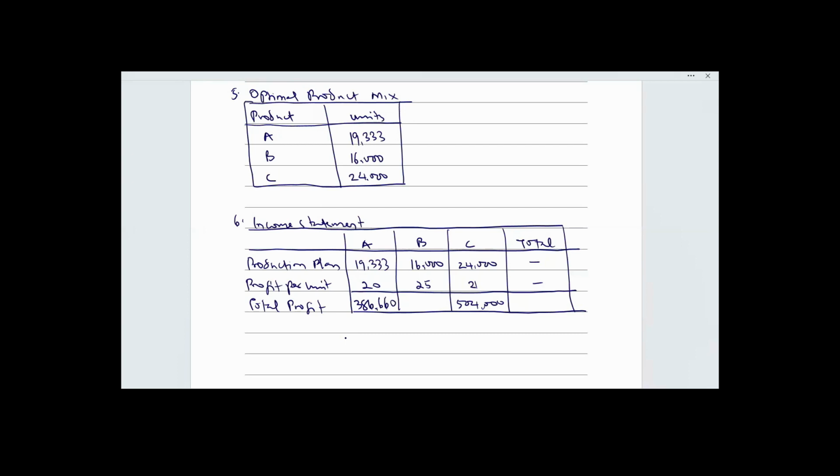Then 16,000 multiplied by 25, 400,000. Let me add the three of them together. 386,600 plus 400,000 plus 504,000. 1,290,660 naira. Thank you.